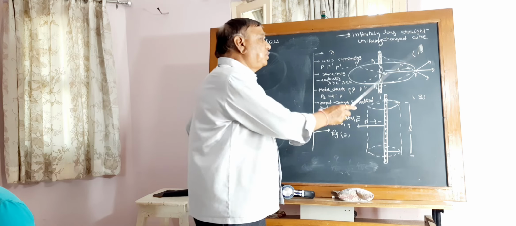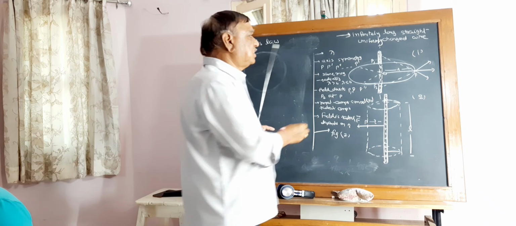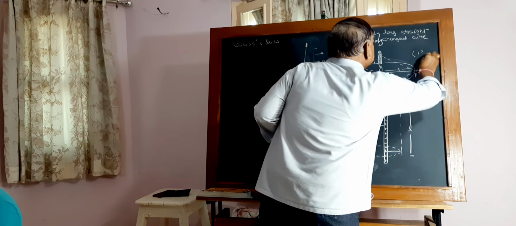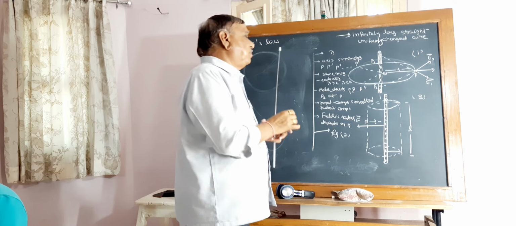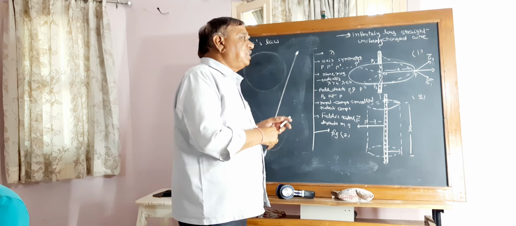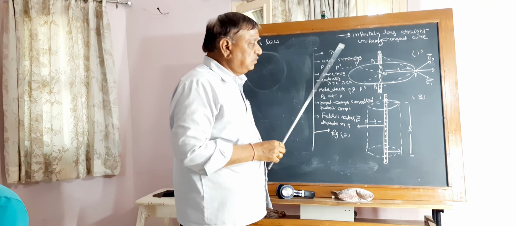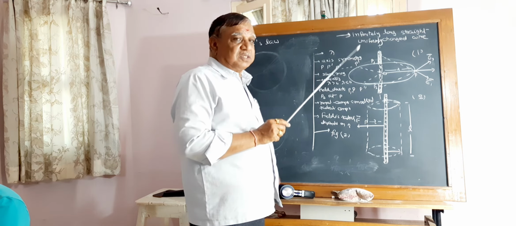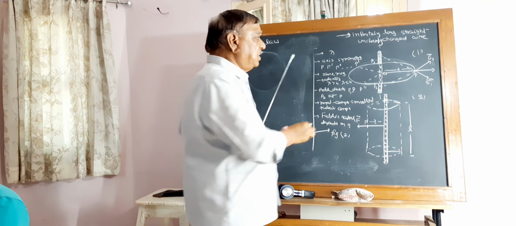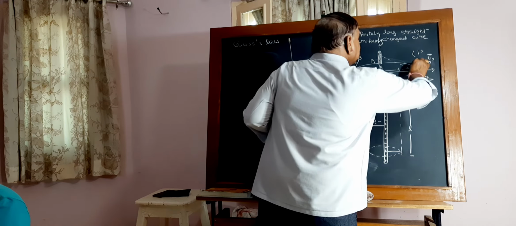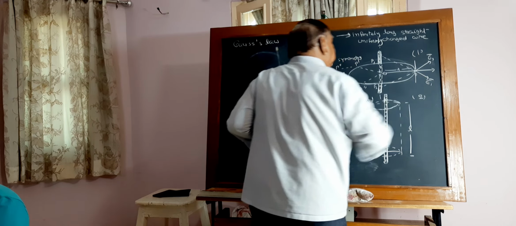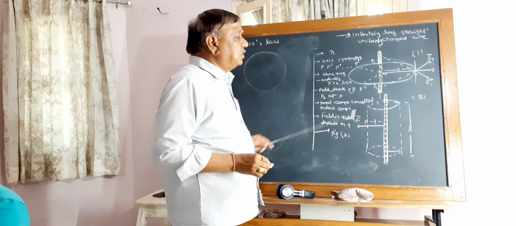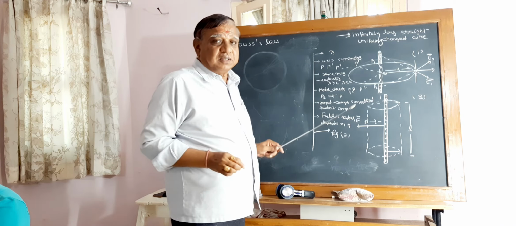Then we have two fields, just like E1 and E2. To add these vectors, we are resolving the field into components. One in the radial direction, the other normal to the axis or line joining the center and that point.